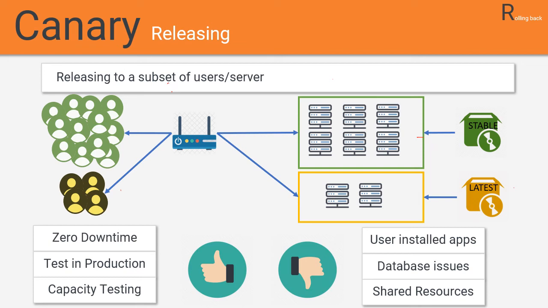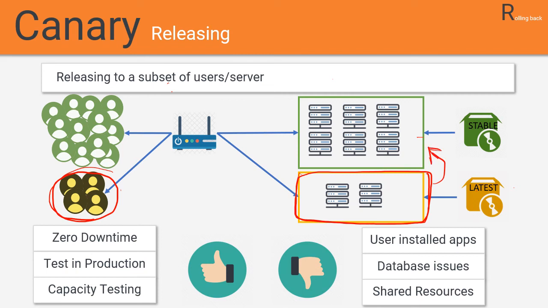But here that is not the case. Here only a few people who know about Canary releasing, who know that this is not a stable version, are asked to work on it, and thereby we don't need the exact production environment. We can just reuse the capacity testing environment again. Although it's not the same as production environment, it is very close to production.